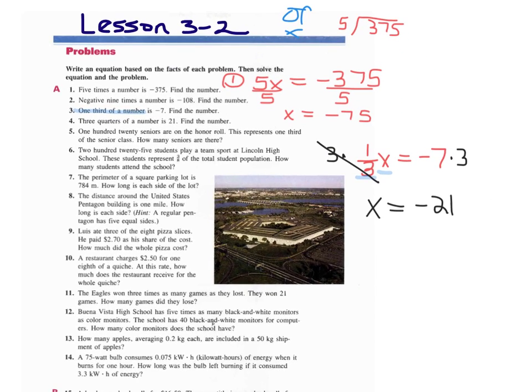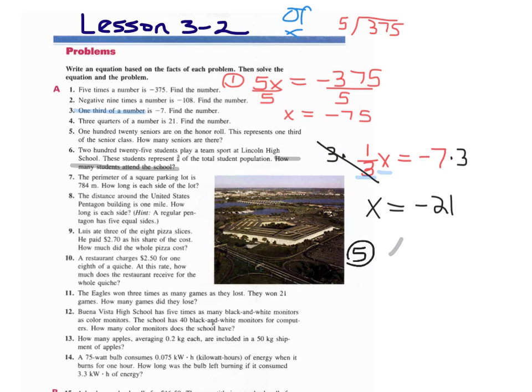It says 125 students play a team sport at Lincoln High. These students represent 3/8 of the total student population. How many students attend the school? Generally, the last thing you read is your variable.